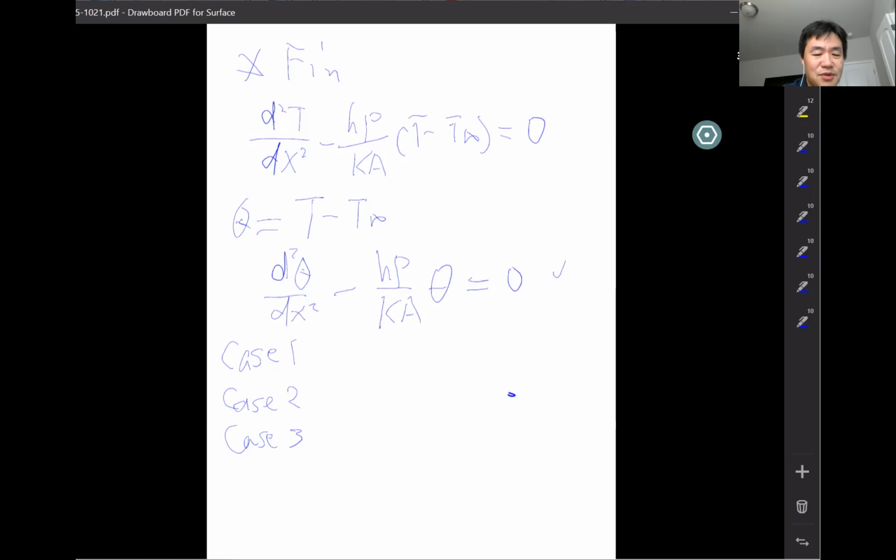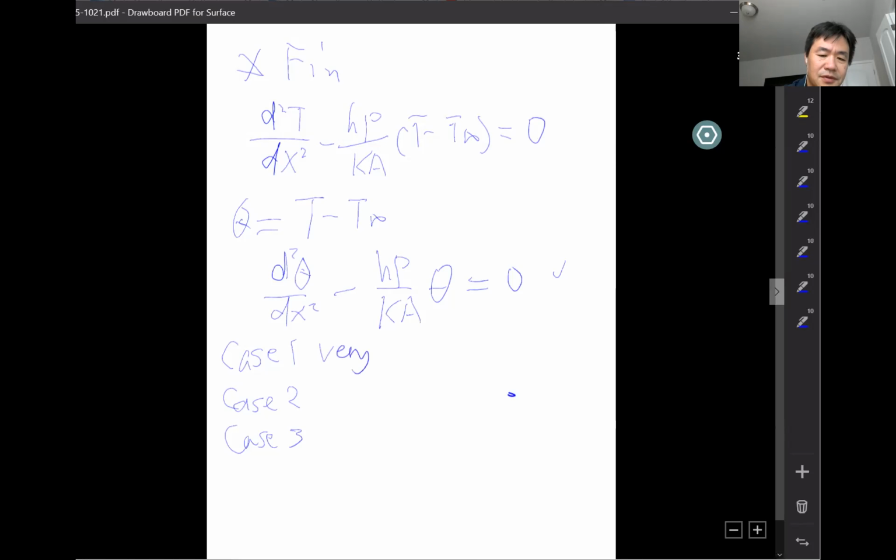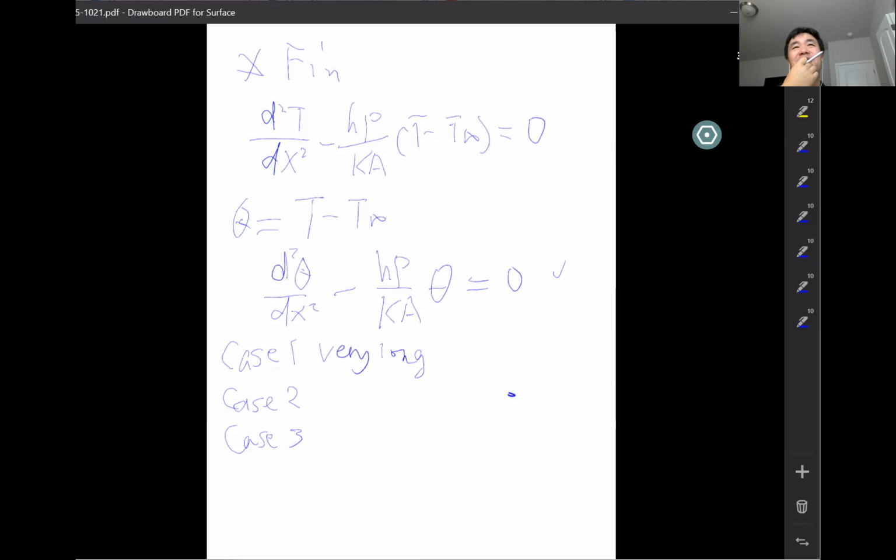Case one is that it's very, very long. What happens to a very long thing? I barely see a very long fin in industry or in any application. But it's long enough that at the end of the thing, the temperature is just the same as the surrounding temperature.